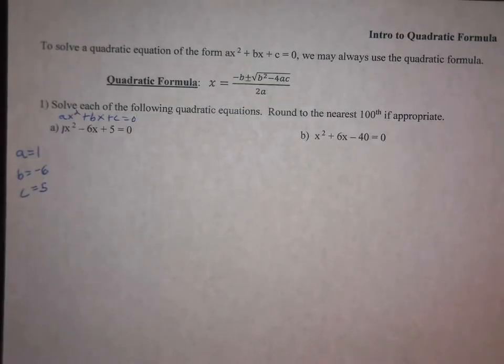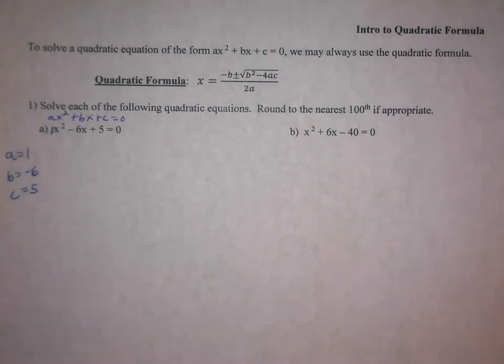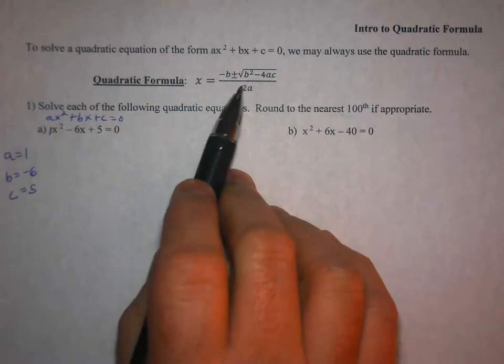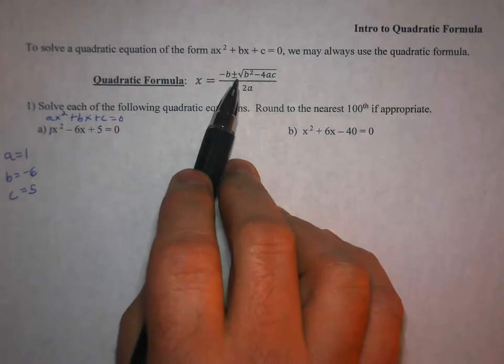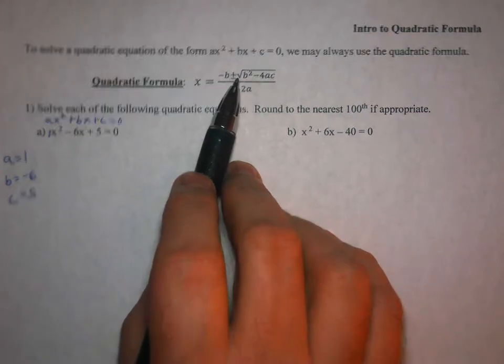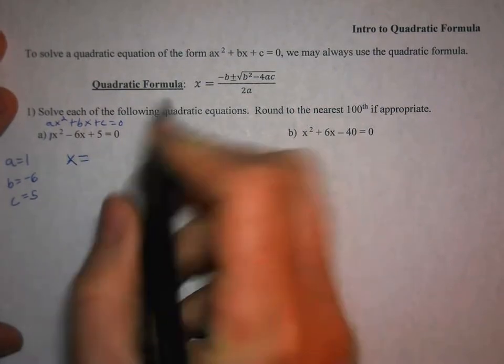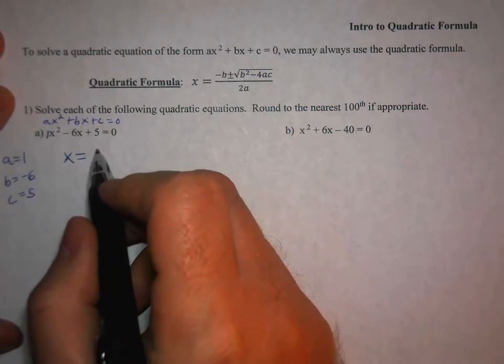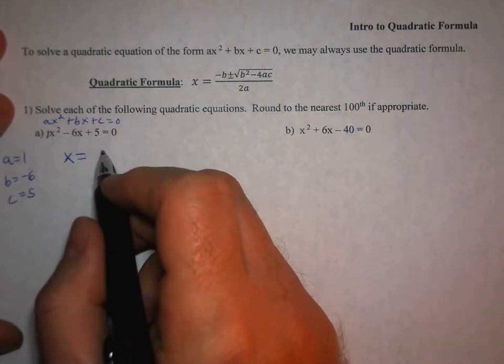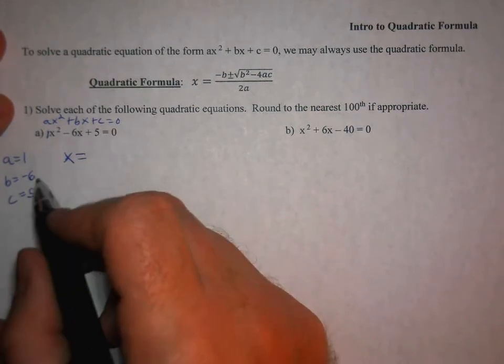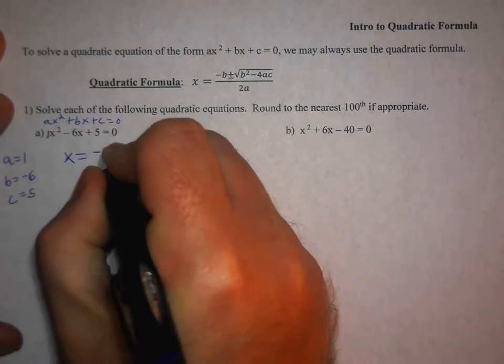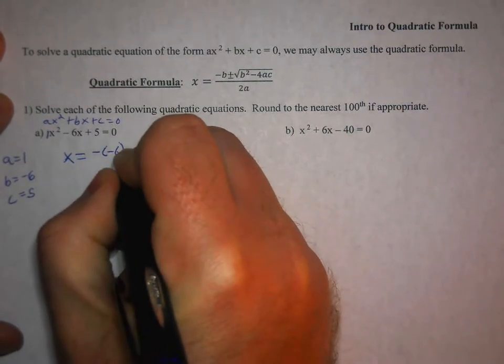So once you have it in the correct form, and then identify your a, b, and c values, it's just a matter of substituting those values into this ugly formula. So the first one is to show the substitution. So x equals negative b. So we have a negative 6.